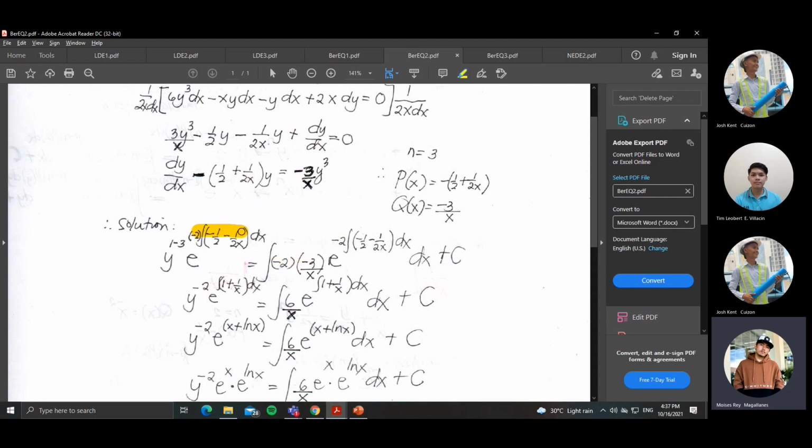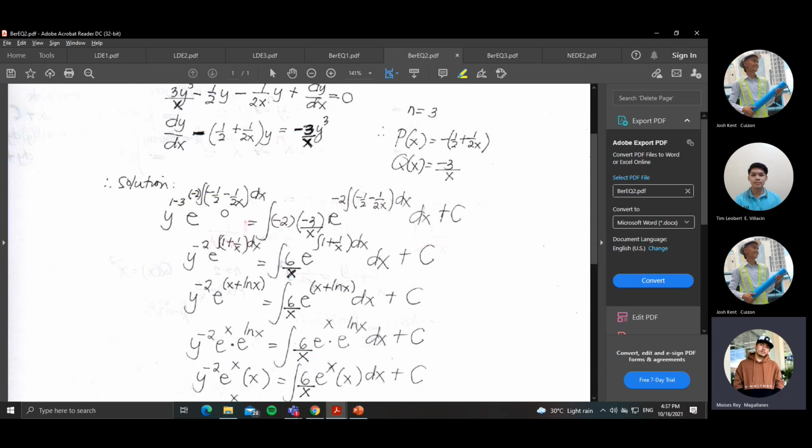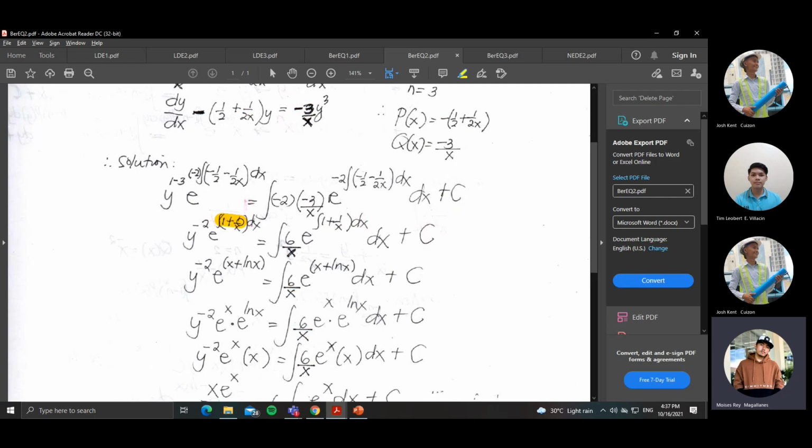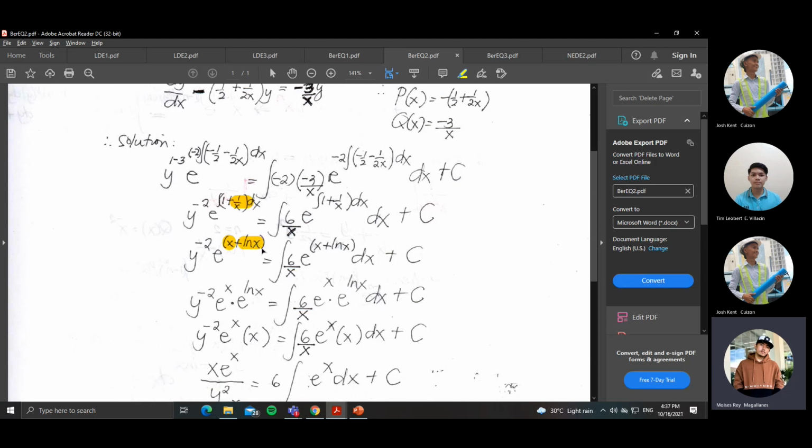So we solve the power on e by integrating. The 2 cancels since we also have a 2 here. So what remains is the integral of 1 plus 1 over x. Same here. We separate it: integral of 1 dx, or just dx, is equal to x, and 1 over x dx, or just dx over x, is ln of x, for both.